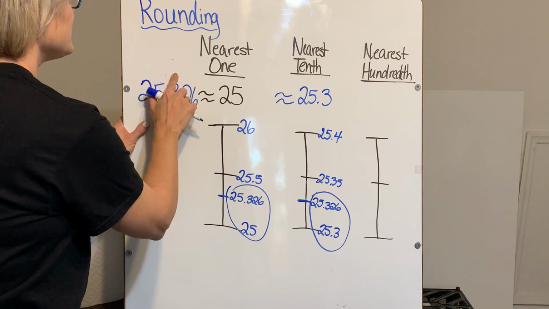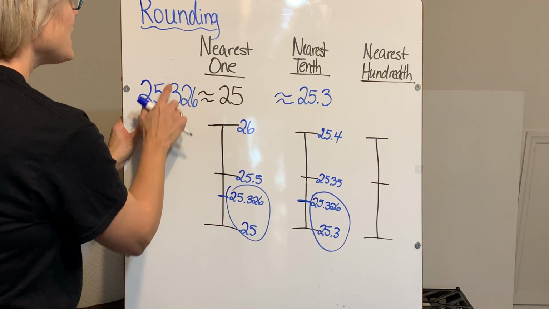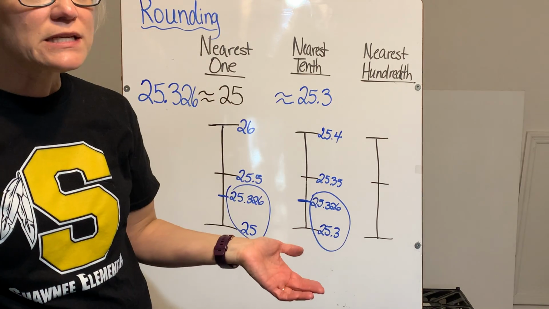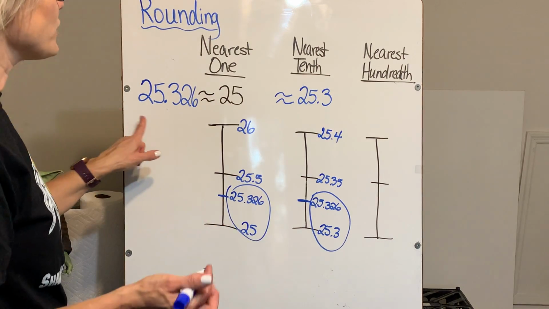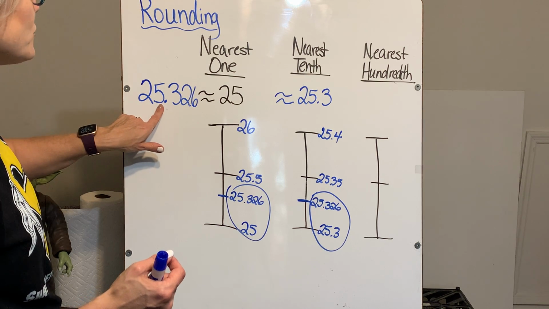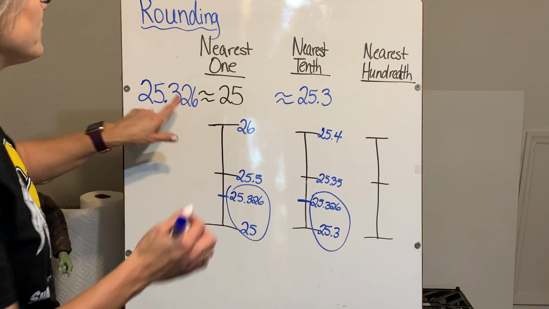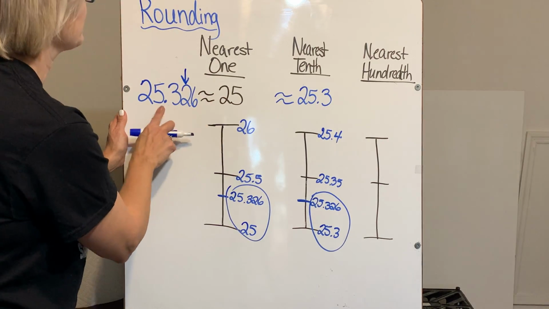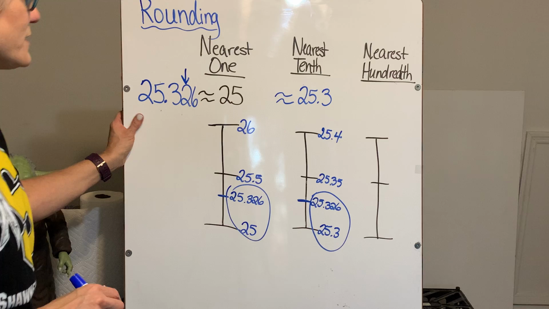Now, what about to the nearest hundredth? This time, remember, 100 pennies equals $1. We're going to look at where we would find the pennies. Here's the $10 bills, the $1 bills, the dimes. Here's the pennies. And remember, this is less than pennies. So here we've got the pennies part.